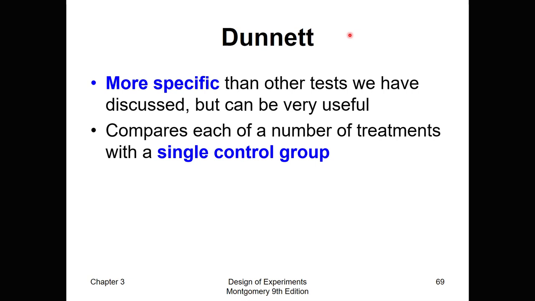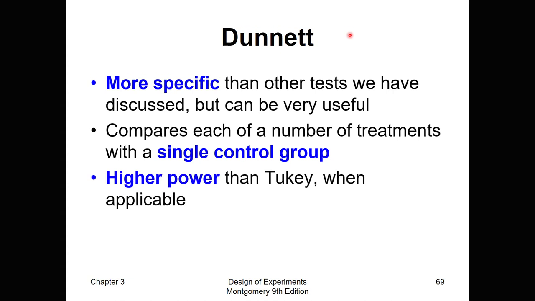That is, the only comparison I'm making is between each of the treatments and the control group. I'm not comparing the treatments to themselves because I don't care which treatment is best. I just want to see which of the treatments work. That is, which one is better than the control group. So when I'm comparing a number of treatments to a single control group, that's when we can use Dunnett's.